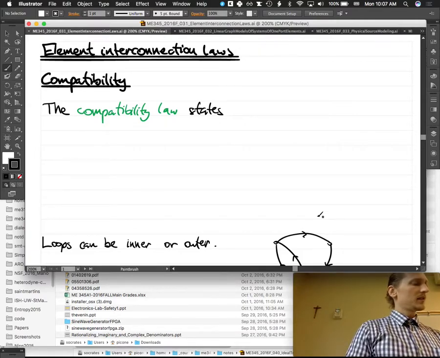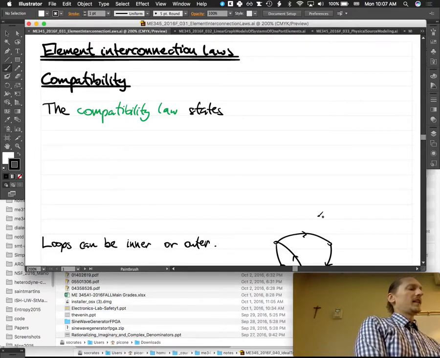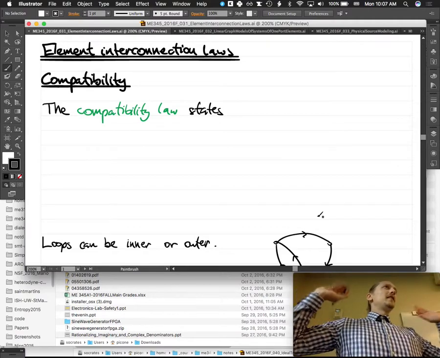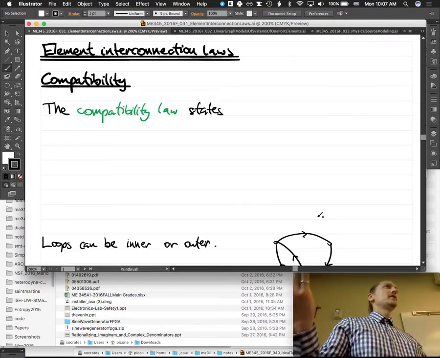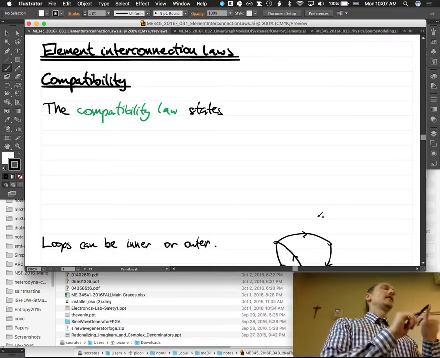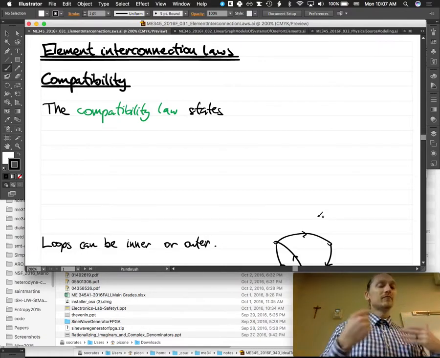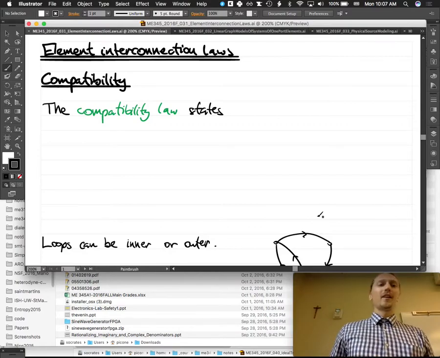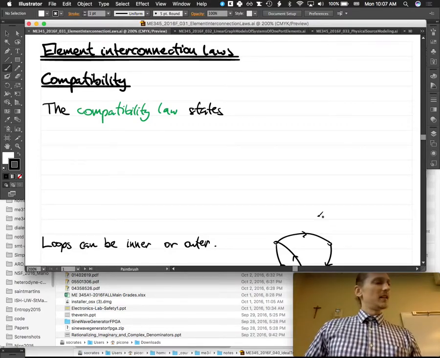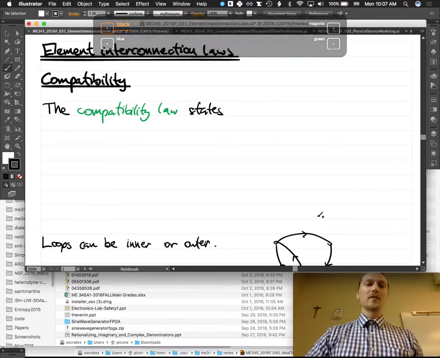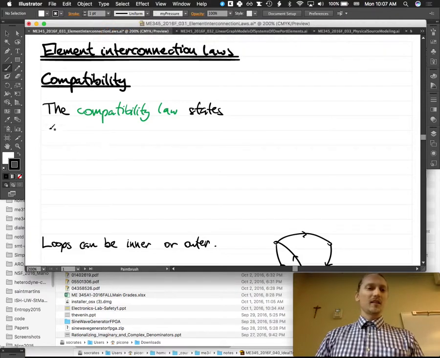All right, so we're going to write these laws that are analogous to Kirchhoff's two laws, voltage law and current law. So the first one is called the Compatibility Law. And afterwards I want you to tell me, it already says it in your notes, which one it's analogous to.